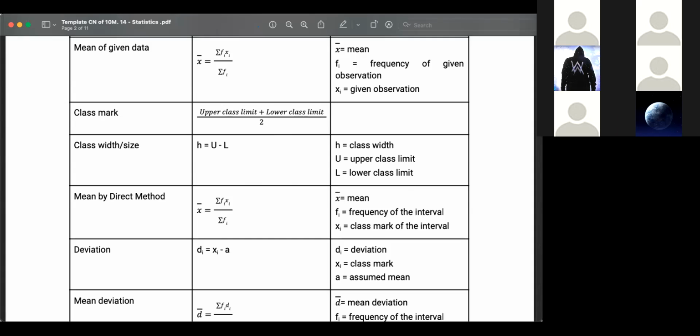For now it's mean by direct method. The questions we're doing now, we'll just do one question only, so it'll be a formula and an example, a formula and an example. That way when you're revising, you can see how it is applied directly.